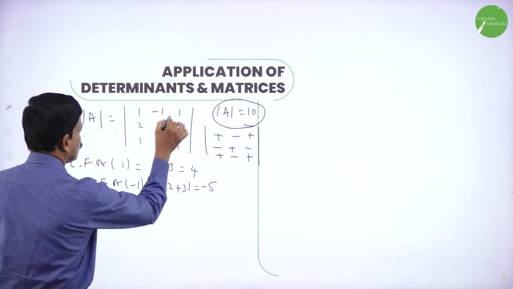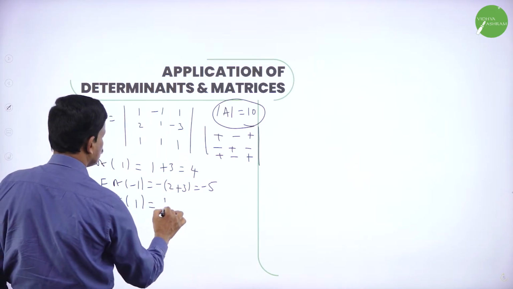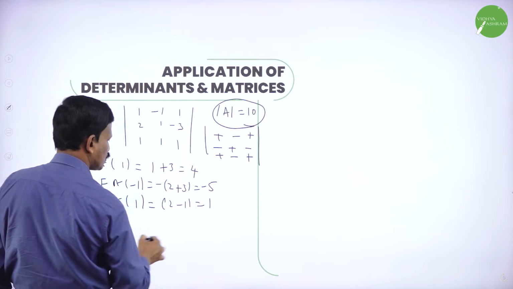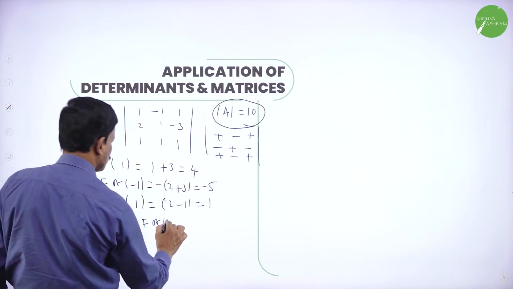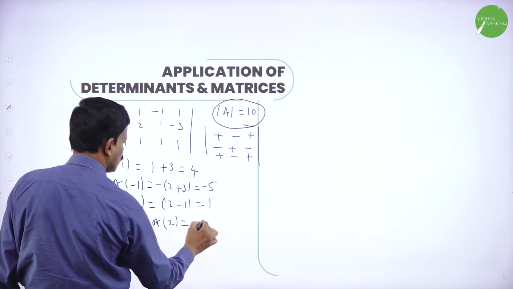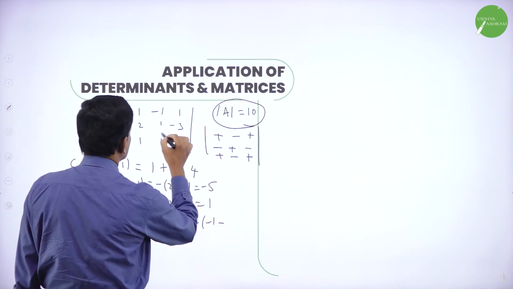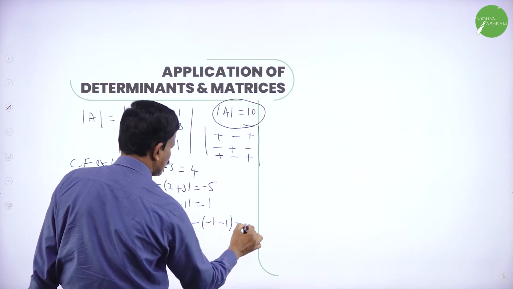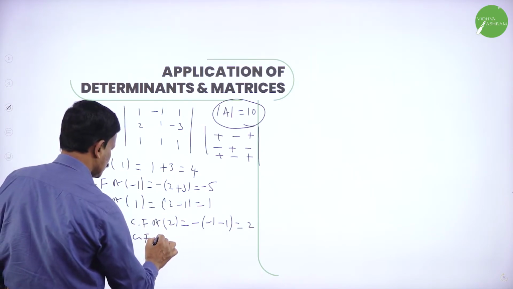Cofactor of 1, delete this row and column, 2 ones are 2 minus 1, this is equal to 1. Now come to the second row. Cofactor of 2 has a negative sign, minus, this row and column is gone, 1 ones are 1, minus 1, minus 1. So minus of minus 1 is plus 2. Similarly, cofactor of 1.